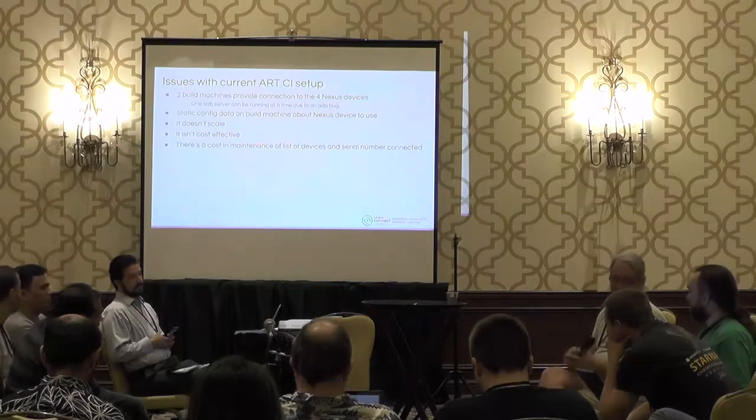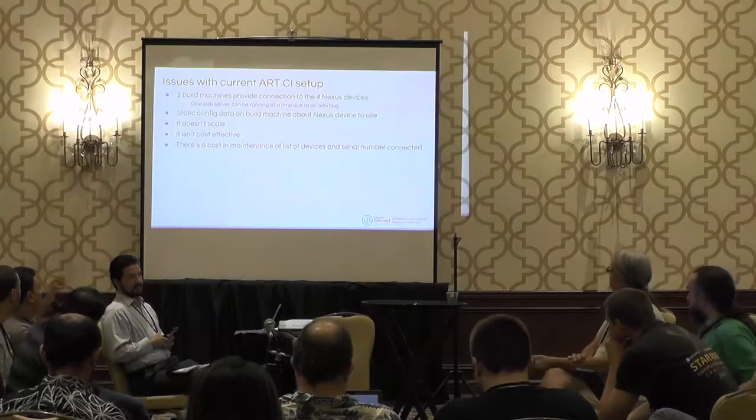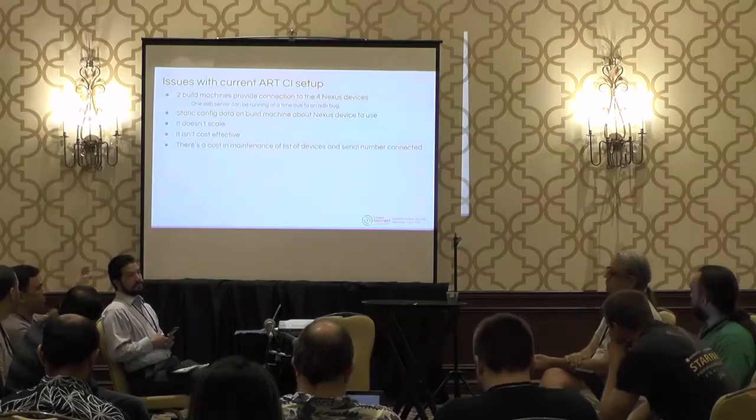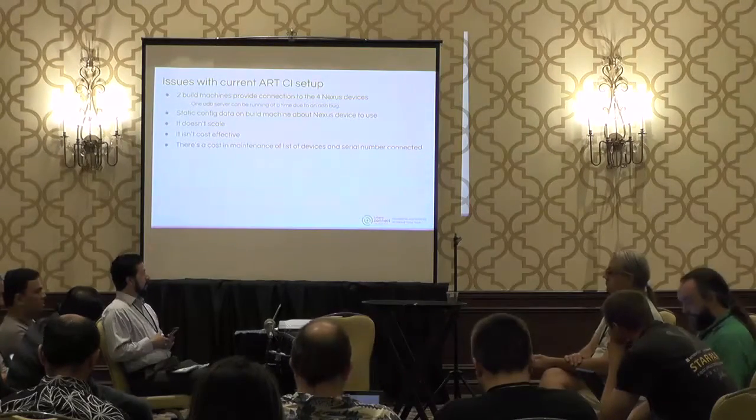Yeah. That is what I was getting to. The current issue that we have is we have the static map of two build machines connecting to two machines in the lab which have a particular Nexus 9 connected.